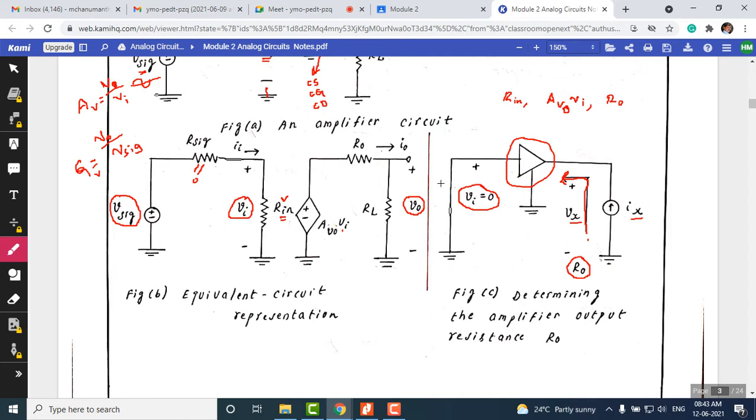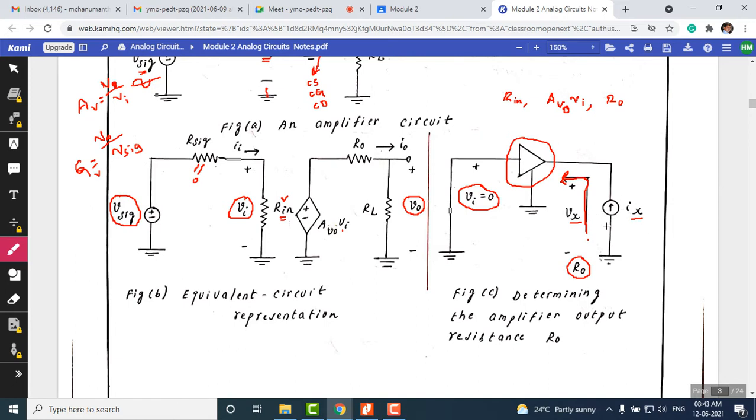So connect your input resistance. Whether it is a CE amplifier or a CS amplifier with reference to MOSFET, the circuit should remain the same. The only thing is you are not applying any input signal, but we are connecting a temporary DC voltage source, and you can apply some temporary small voltage, say for example 2 volts, and see how much current is coming from this temporary voltage source.